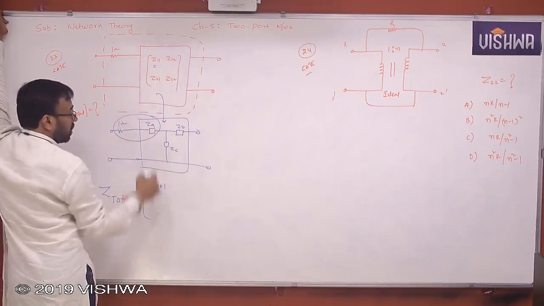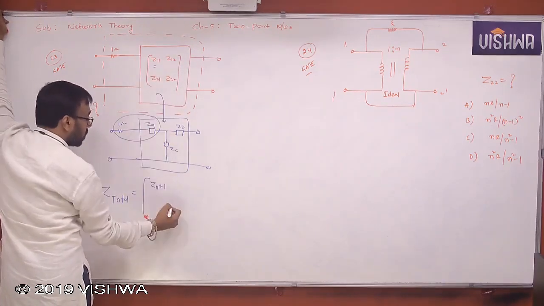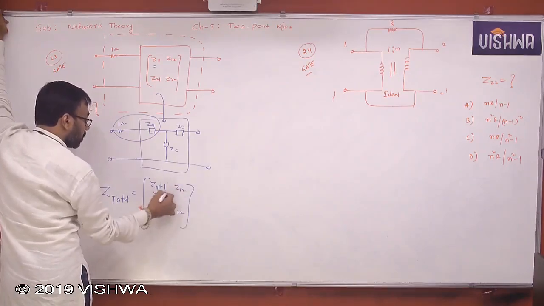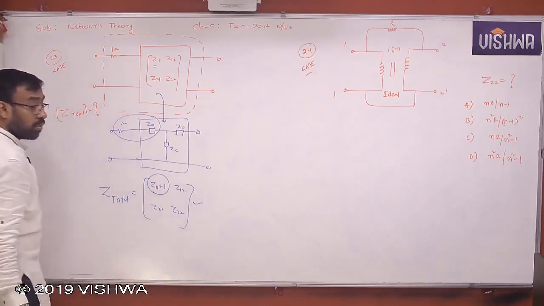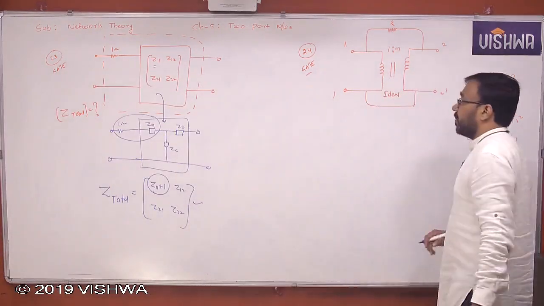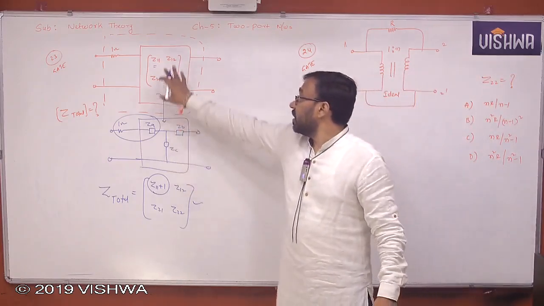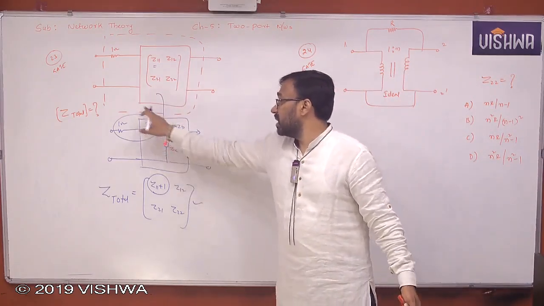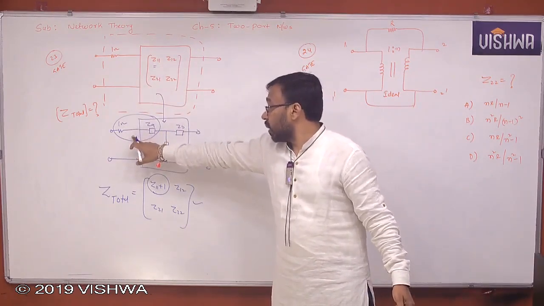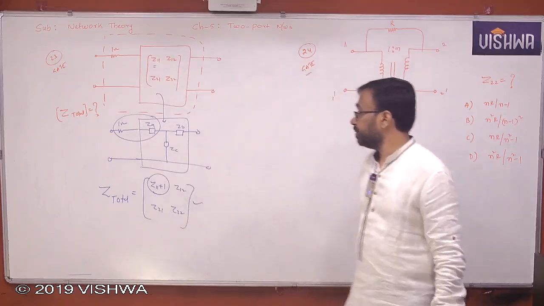Z parameters of the two-port network given in this box. So, therefore, Z22, Z12, Z21 remain the same. It's very simple. This simple modification will give you the overall two-port network. Okay. Now, coming to this one, the 24th one. So, I think you understand this, right? If I assume the T model, it's very clear. Only this Z11 is affected. That's nothing but Z11 plus 1. Okay, you will get it.